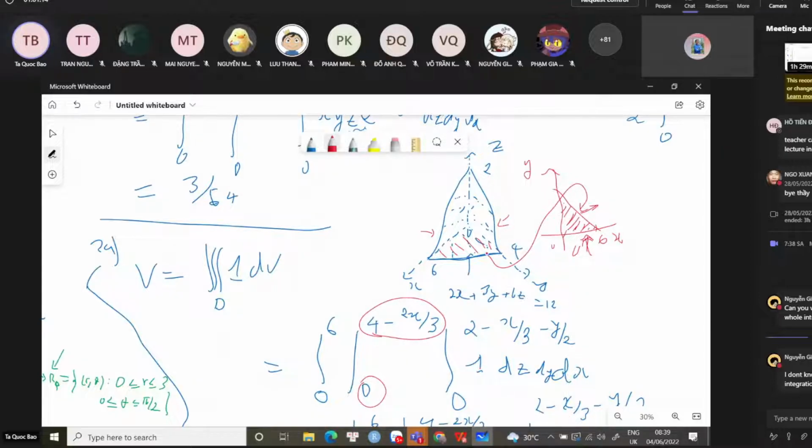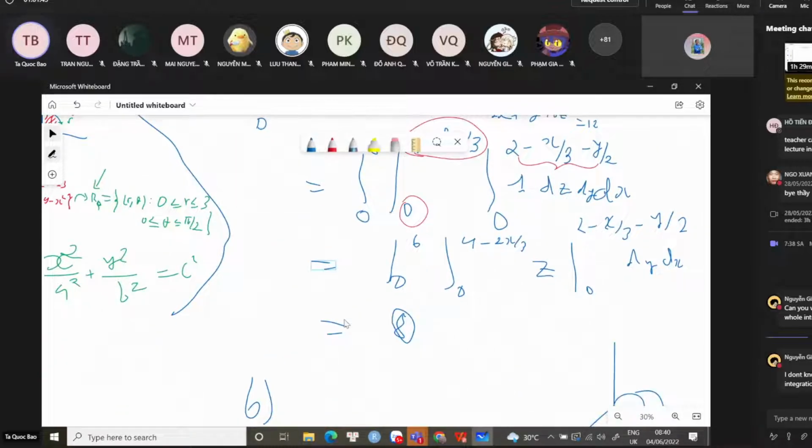And now for Z you access from this direction, and you always exit through this plane. Therefore, that's why Z goes from 0 to this. Okay.